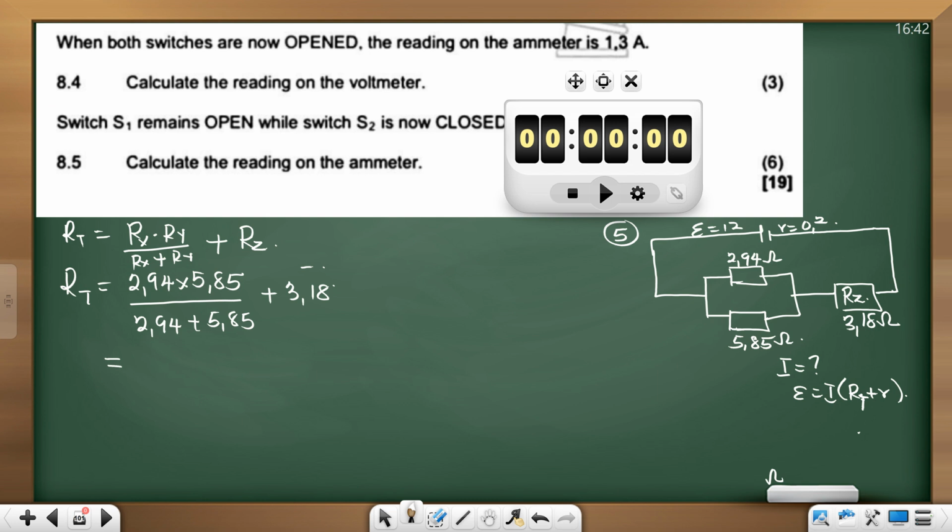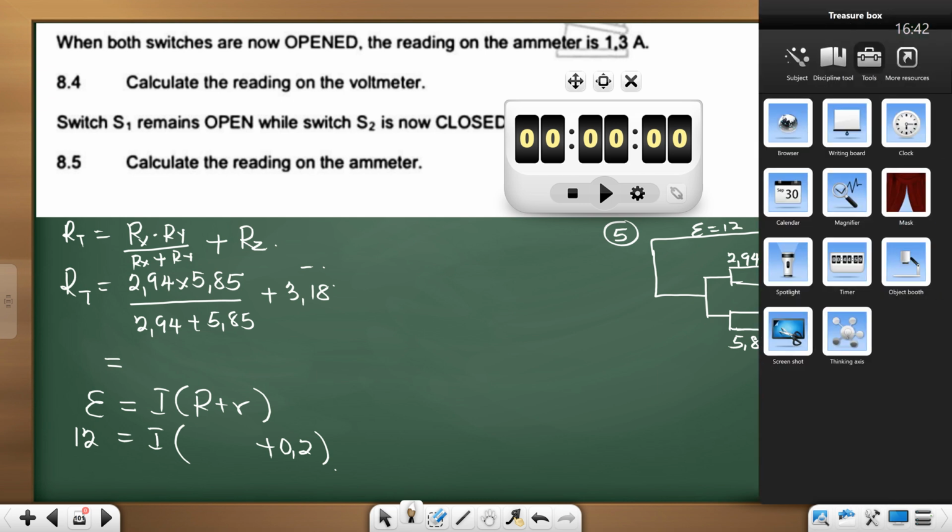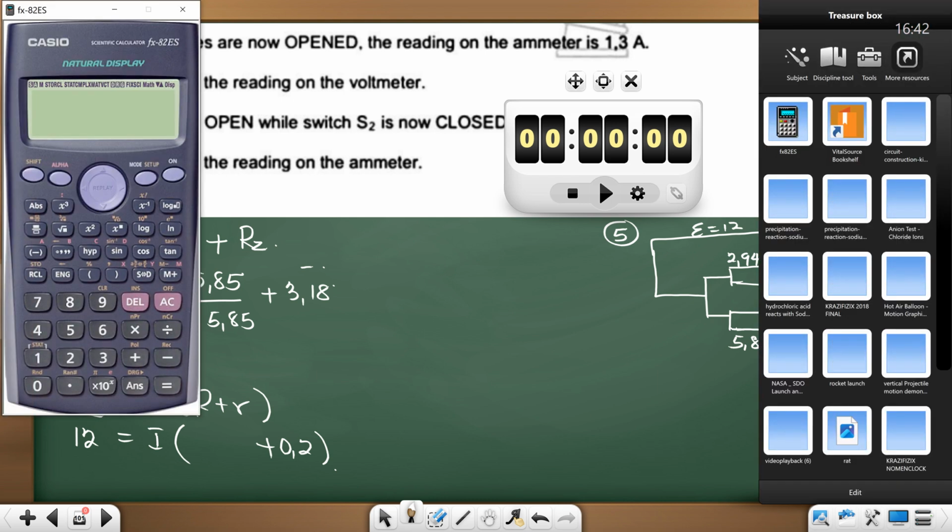And now, once I get that, I throw my answer straight into E equals, okay, let's write the formula. Important. What's my EMF? 12. Now, whatever I get here, I add that to 0,2. Let's confirm quickly on my calculator.